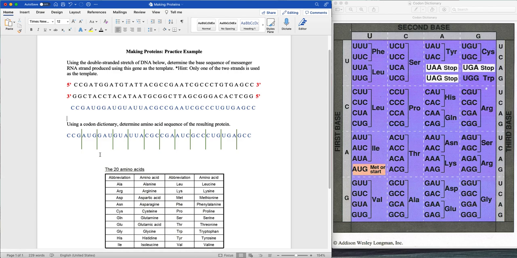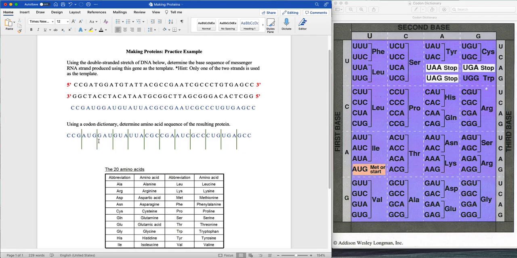So we already know that the first word is AUG, and that's pretty easy to spot on the codon dictionary here as it's highlighted. As we can see, the codon dictionary tells us that AUG stands for MET, which is the amino acid methionine. So let's work through the next one together.